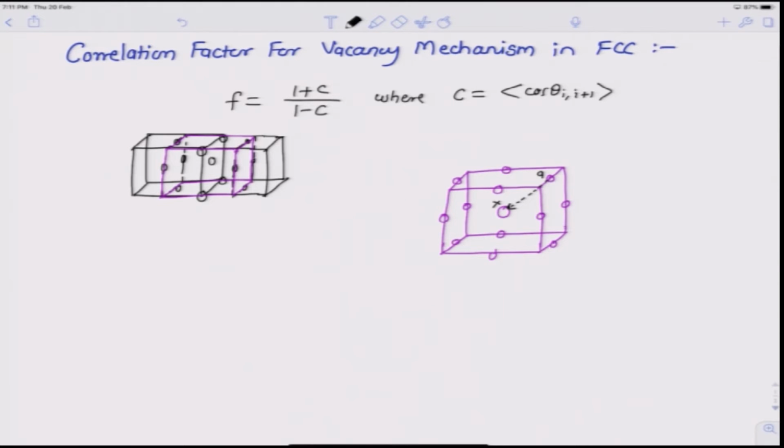For example, one class contains only one atom A and it makes an angle of 180 degree with A x. The other class contains 4 atoms of type B and they make an angle of 120 degree with A x. Then we have type C which make angle 90 degree, type D making an angle of 60 degree, and type E making an angle of 0 degree.